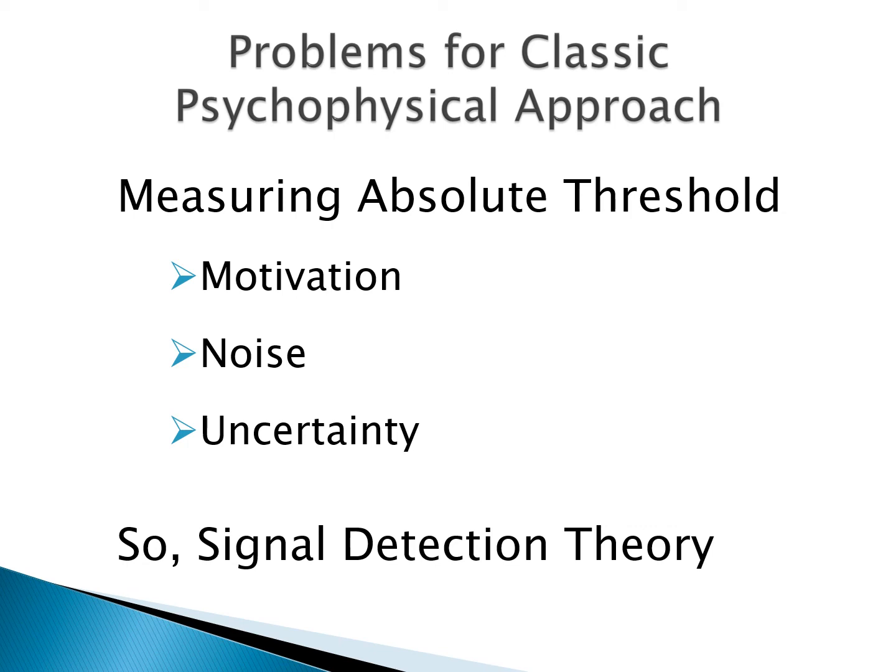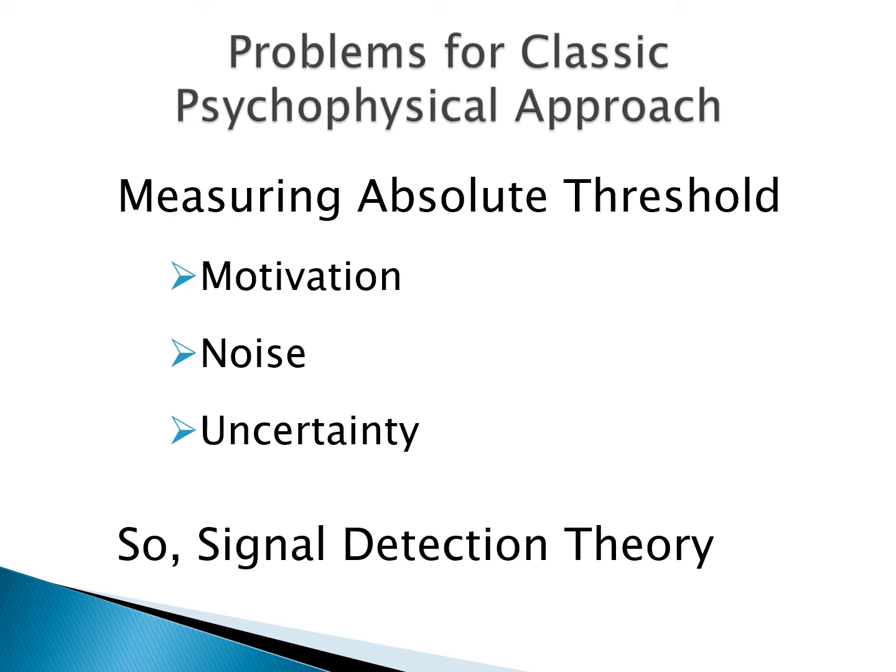Really, these questions came about in the 1940s when we were starting to try to apply some of these psychological theories and hypotheses and methods to things like people who were looking at radars and whether or not they detected some enemy blip, whether they were confusing enemy blips with friendly blips, or whether they weren't really catching that blip at all.